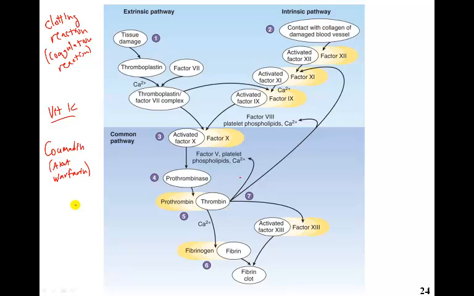Now it's a very commonly used medication. What Coumadin does, and I'm sure some of you know people who are on Coumadin, is block the vitamin K utilization by the liver, and it reduces the level of clotting factor synthesis.